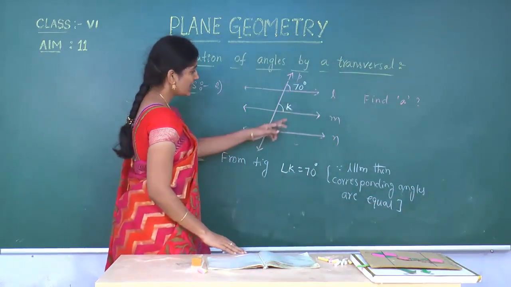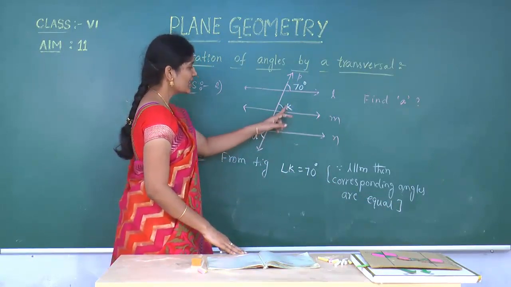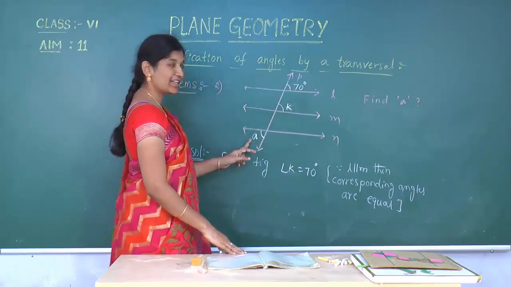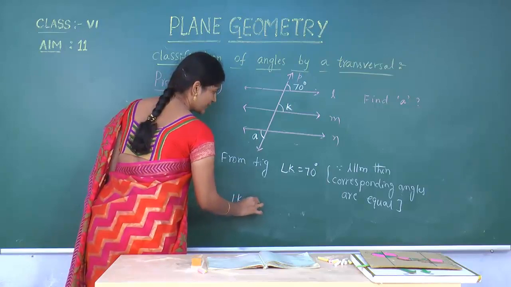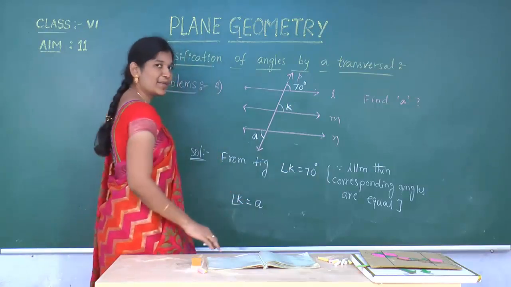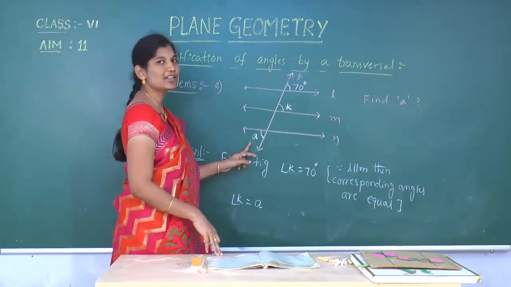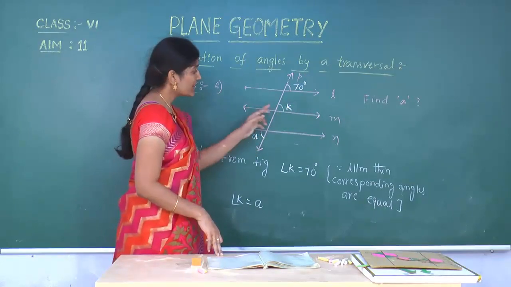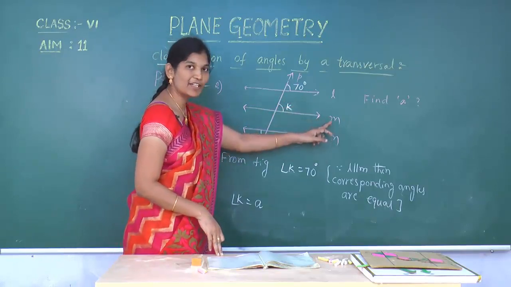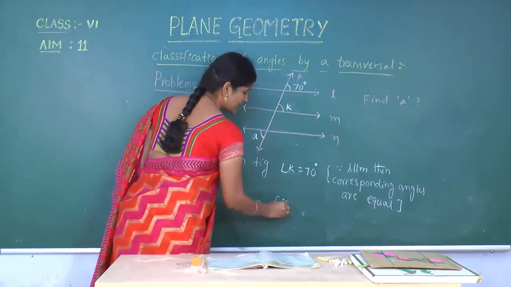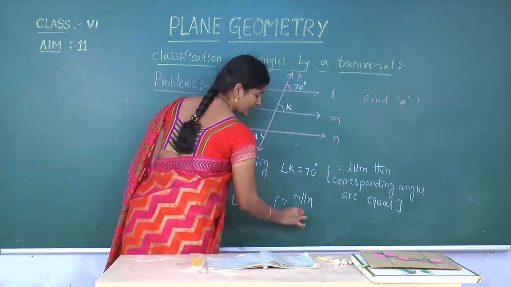And now observe these two. Here angle K is equal to angle A. Why? Because angle K and angle A are alternate exterior angles. Alternate exterior angles are equal because M is parallel to N here.